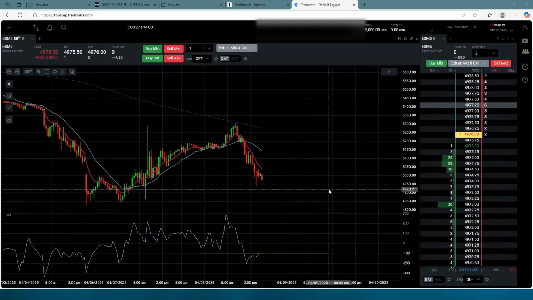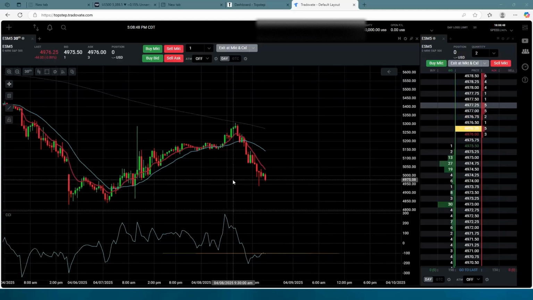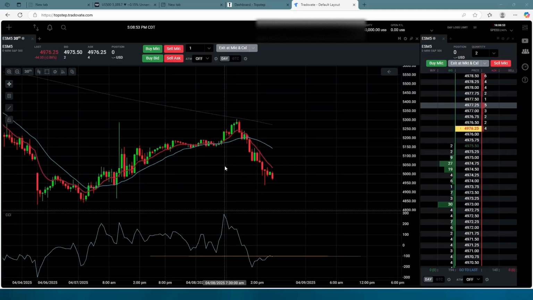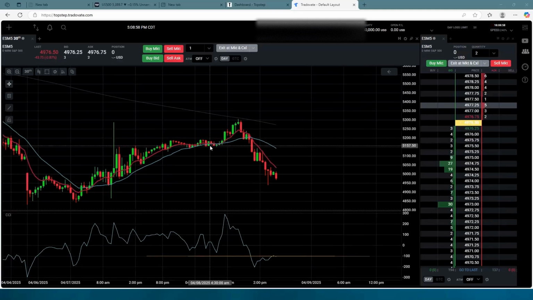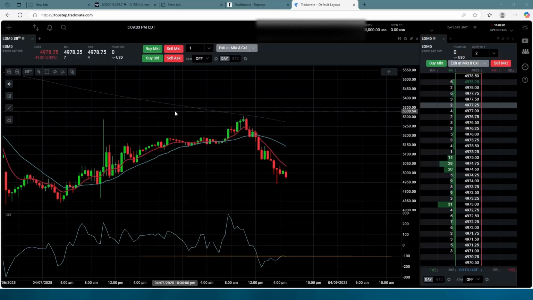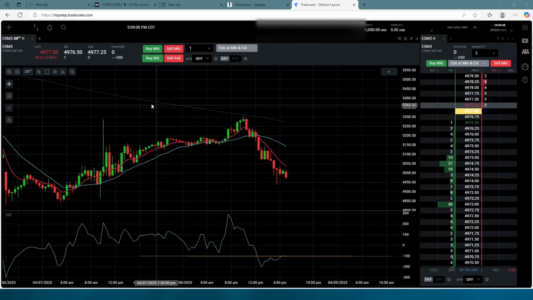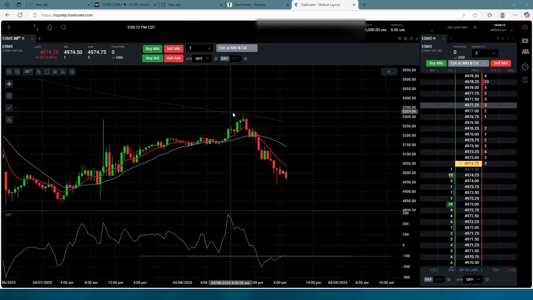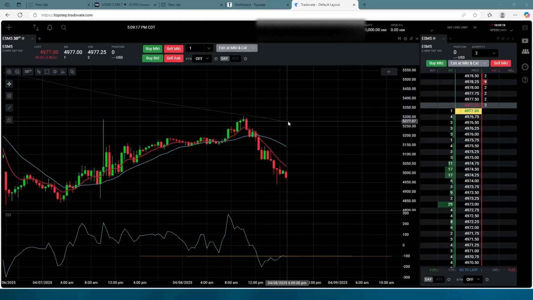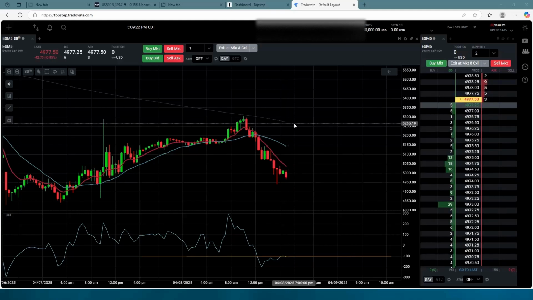Okay, so we're on the ES 500 E-mini, which is the futures market, and we're on the 30-minute chart. All right, so just to point a few things out to you. The first thing that I want to show you is the 200 period moving average, which is this thin line in this area right here. I make it thin because I don't want a lot of clutter on my chart.